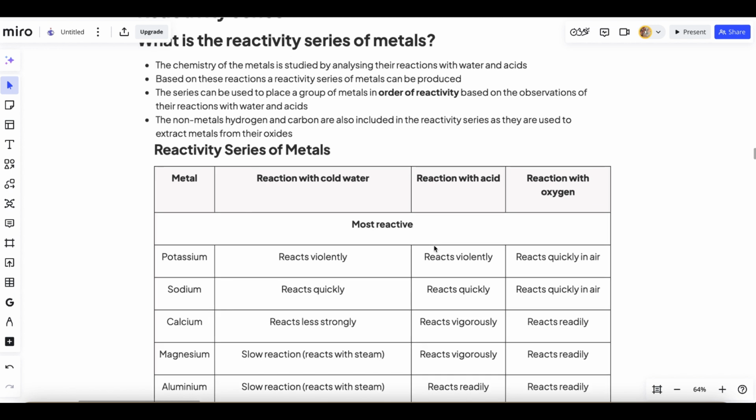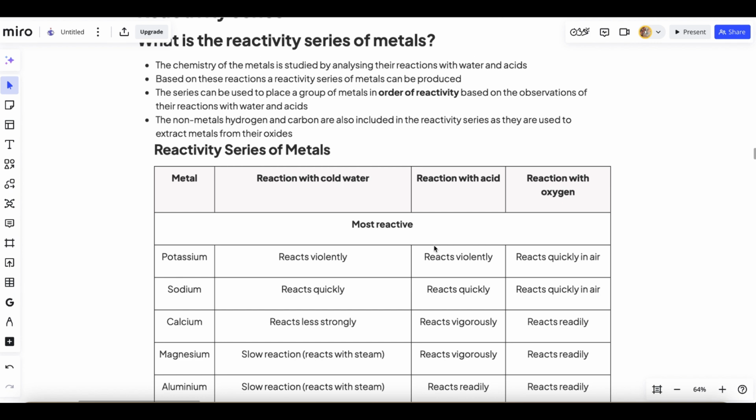Now, the chemistry of metals, we've already looked at it, right? We've looked at the reactions they undergo with cold water, with steam, and with acid in our previous video in part 12 of this chapter.